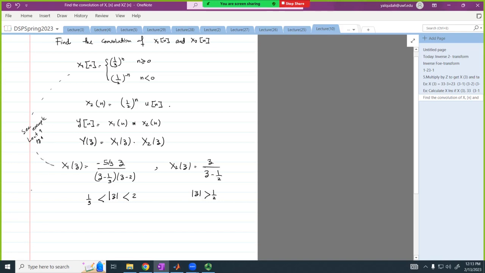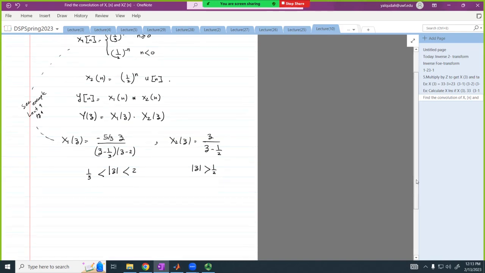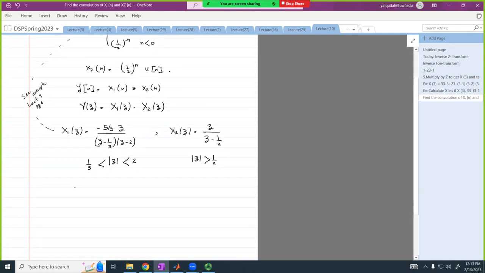Okay. So therefore, to calculate y of z, it is going to equal x1 of z multiplied by x2 of z, which is going to equal -5/3 multiplied by z squared divided by z minus 1/3 multiplied by z minus 2 multiplied by z minus 1/2. Together?